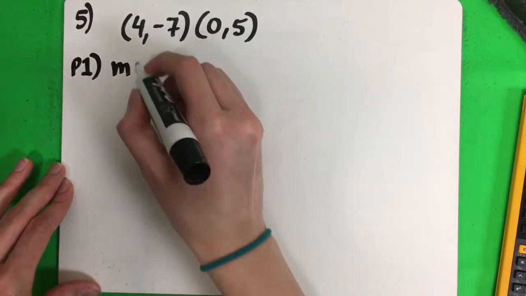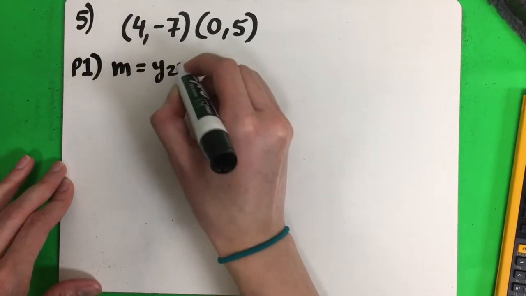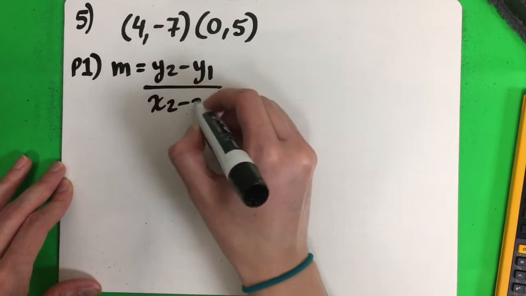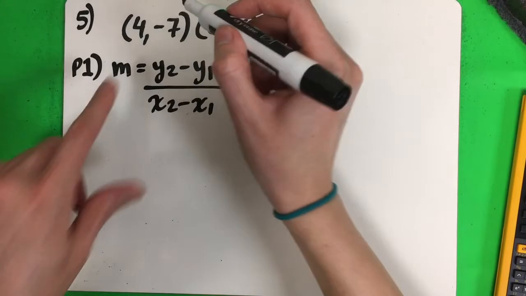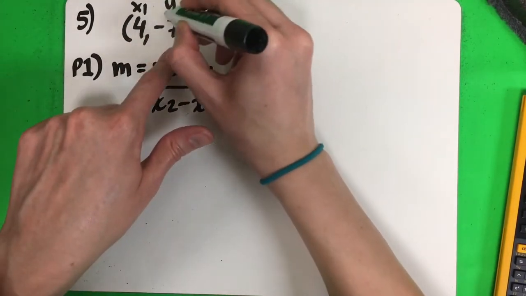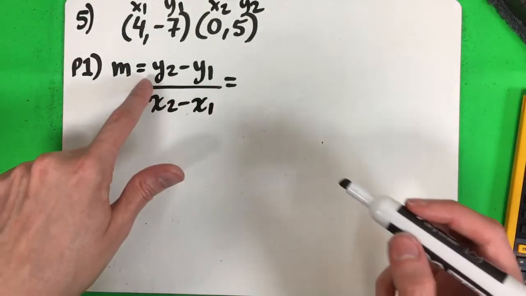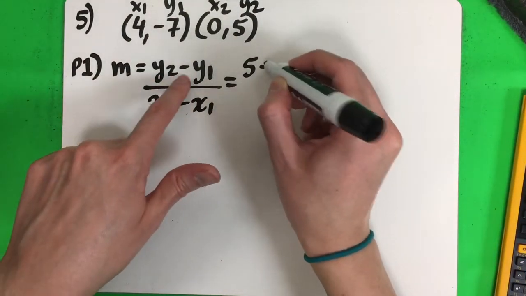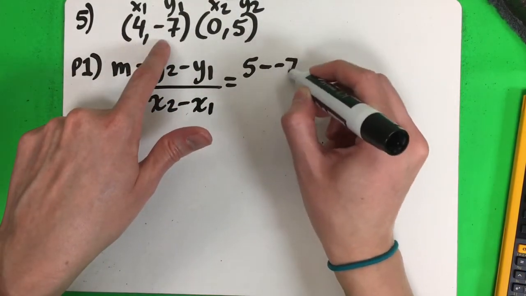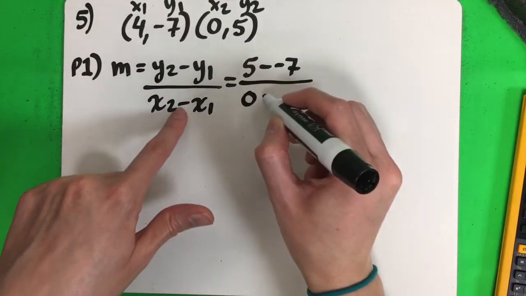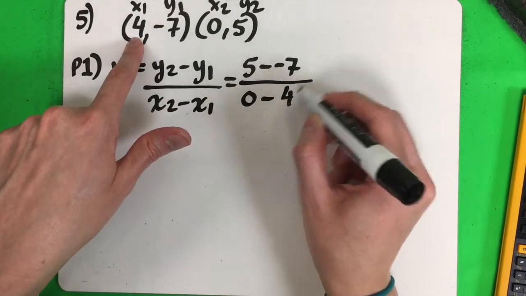That's m, right? So m equals y2 minus y1 divided by x2 minus x1. So this is x1, y1, x2, y2. So y2 is 5 minus y1 is negative 7, divided by x2 is 0 minus x1 is 4.